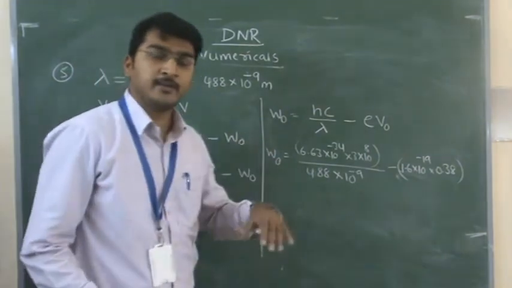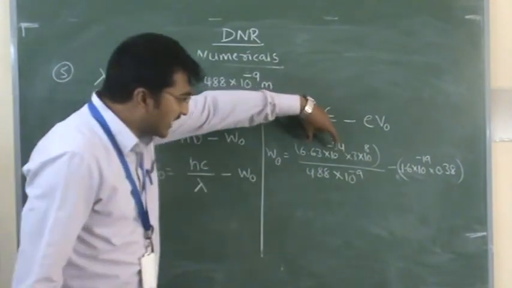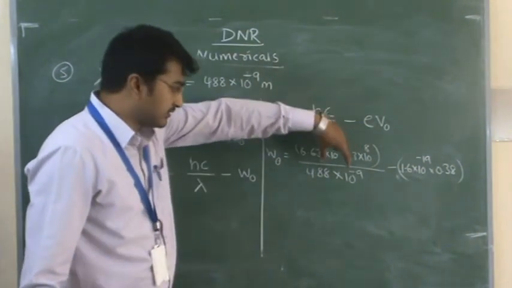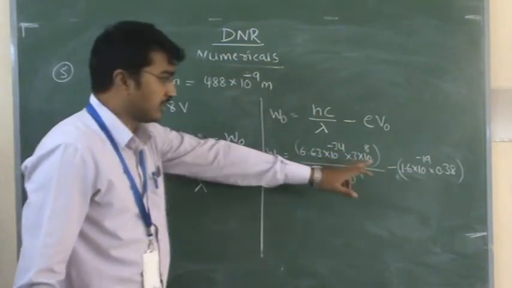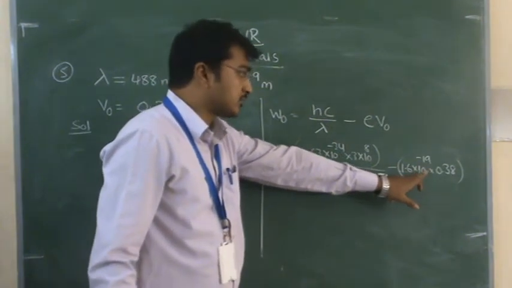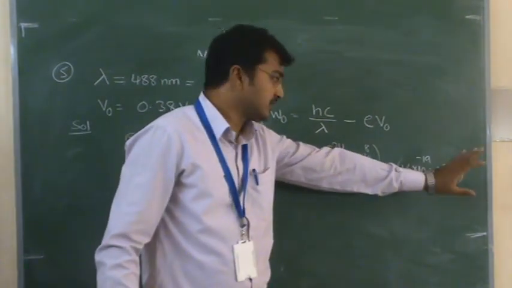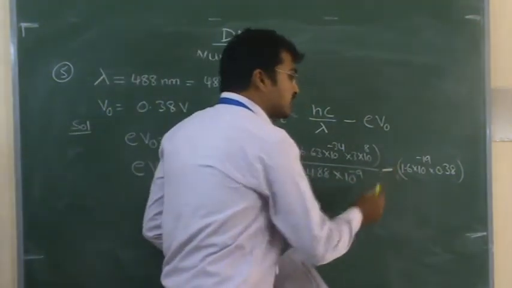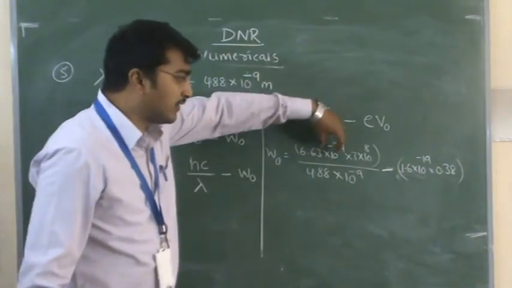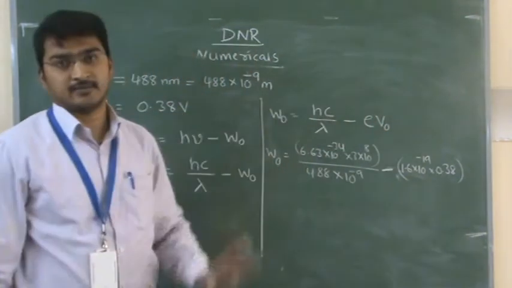So no need to hurry. Then you do the calculation, first numerator, then divide numerator with denominator, you will get one value. Okay. Then 6 into 10 to the power of minus 19, 0.38, do it. And while you are doing, make sure that the powers in both terms are equal.